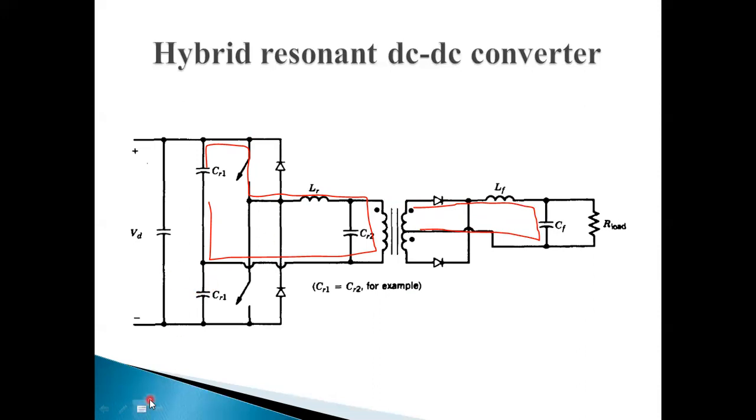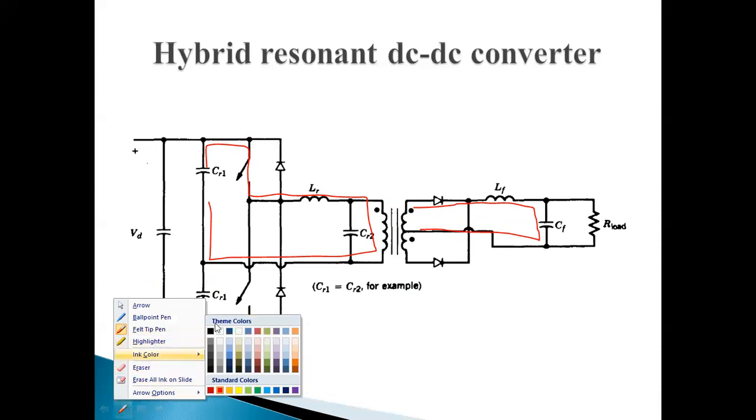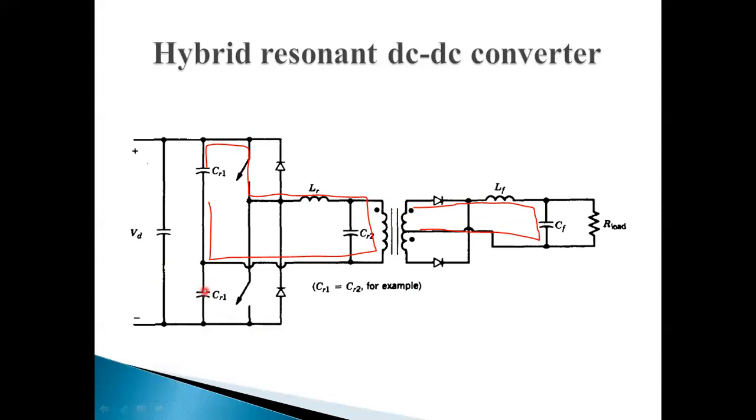If this capacitor is charged, at that time this switch will be on and current flows in this manner. For both the times we get positive V0. So this is the hybrid resonant DC to DC converter.